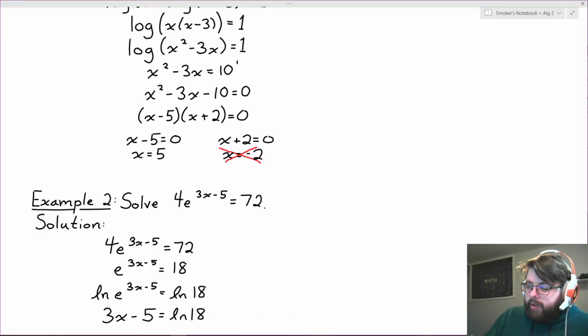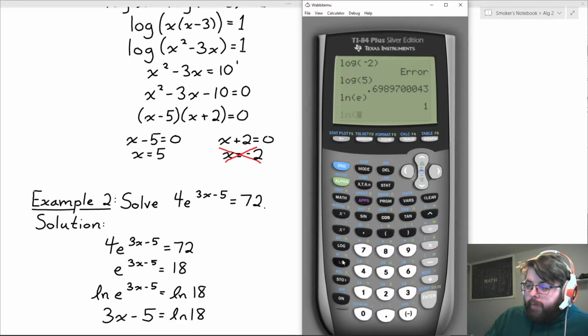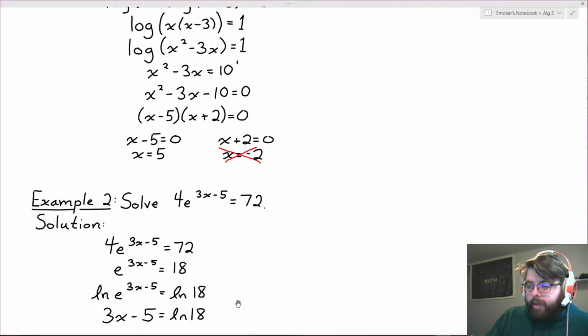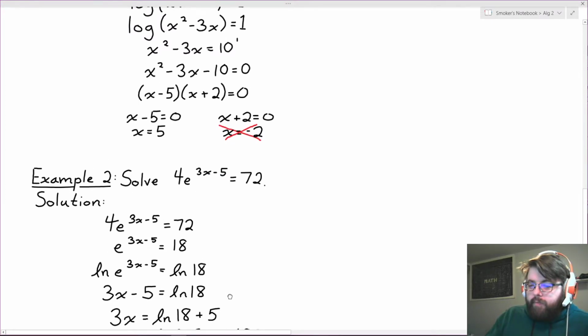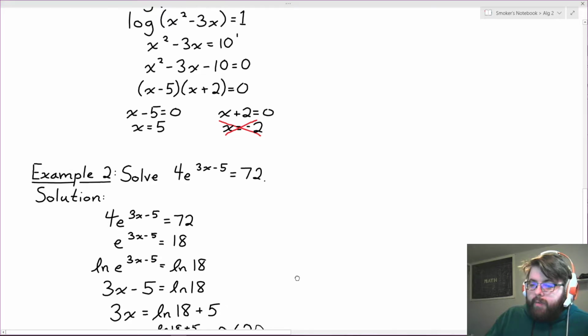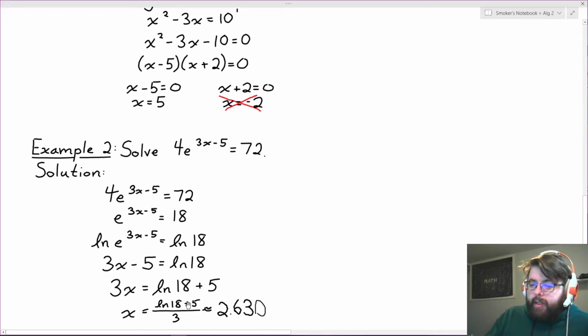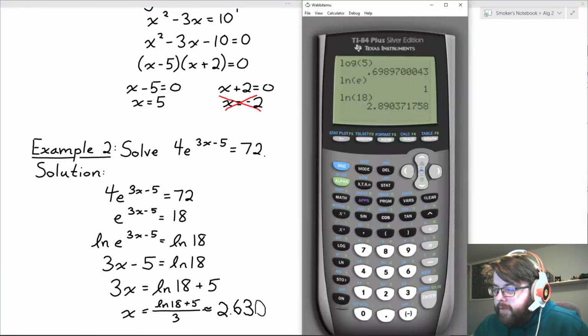ln of 18 is just a number. So I'm going to put it in here. It's a messy number, but I'm going to leave it as ln of 18 for now. I just wanted to show you that I can treat this like any other number. So I can add 5 to it, no problem. I can then divide by 3, and I get ln of 18 plus 5 over 3, which is a messy number, but it is just a number.